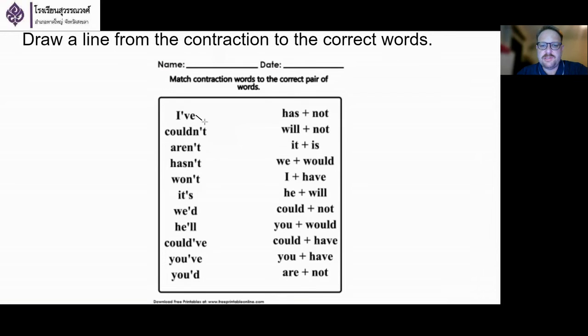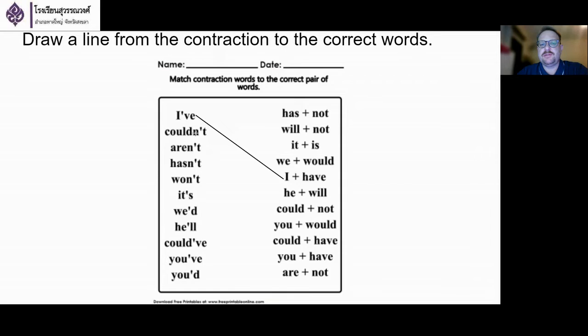Well, I'll see if I can draw a line to that. I have. Perfect. A perfect straight line from the contraction I apostrophe VE to the two words I and have.